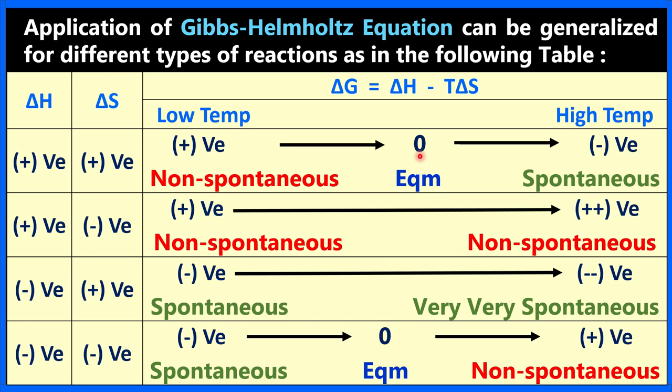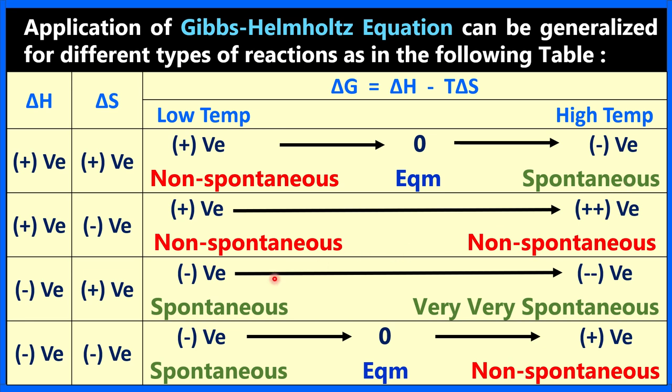After equilibrium, if we increase the temperature, then T delta S should be greater than that of delta H. That is, delta G becomes negative. So, after equilibrium, if we increase the value of temperature, then the value of delta G becomes more negative. Therefore, after equilibrium, the reaction will be spontaneous.